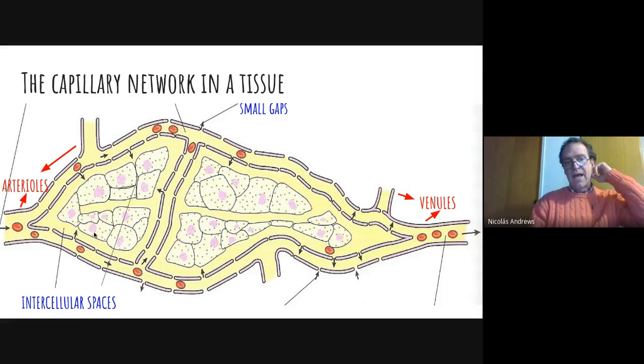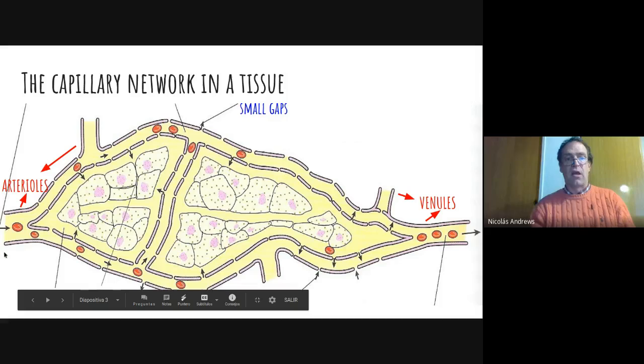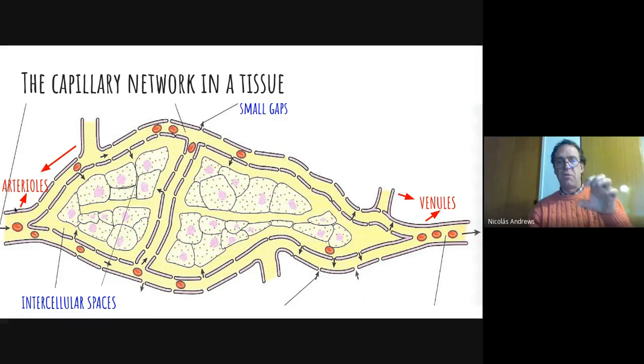Okay, and the wall of the arterioles should be much thicker, yes, rich in muscle cells. Remember that arterioles have the capacity to open and close, right? What we call vasodilation and vasoconstriction, which is something you will see in these weeks, okay?